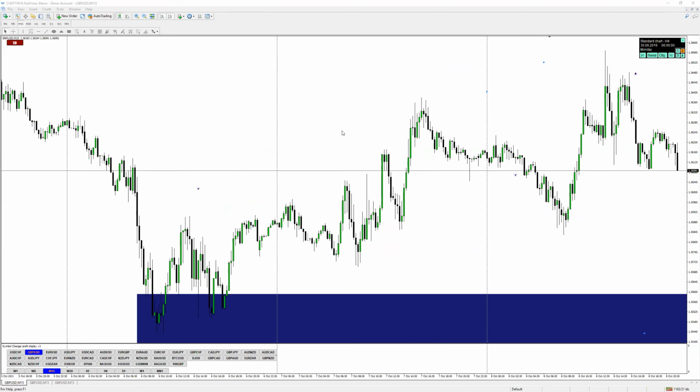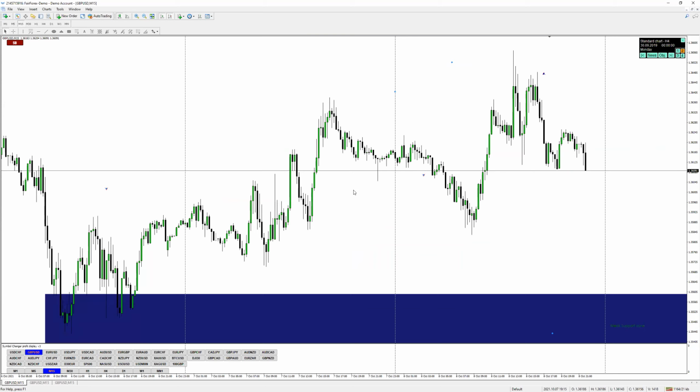Any specific pairs or indices to consider when trading order blocks? Because there are plenty of indices as well as FX pairs. It works on all pairs.